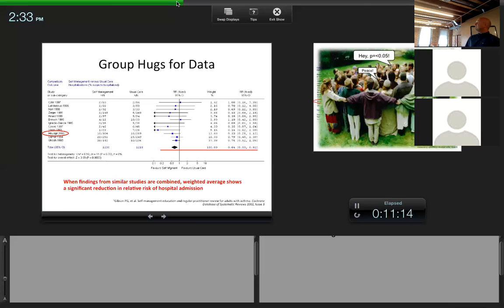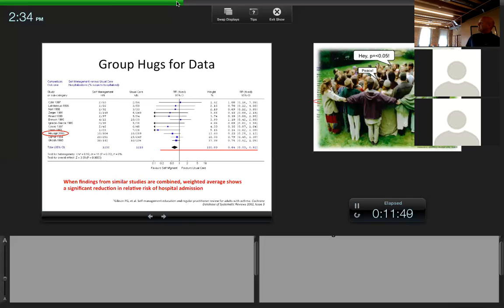So what's the relative risk reduced by? 36%. And the true population value could be somewhere between 50% and 18%. But is that statistically significant? With a p-value for that comparison of p equals less than 0.003.